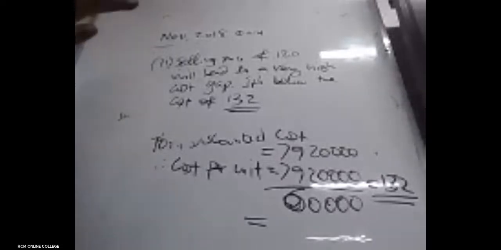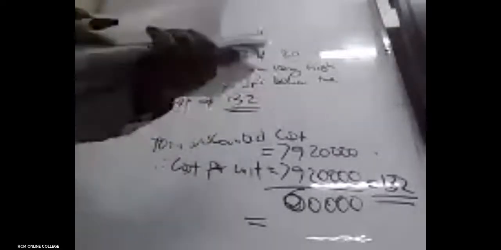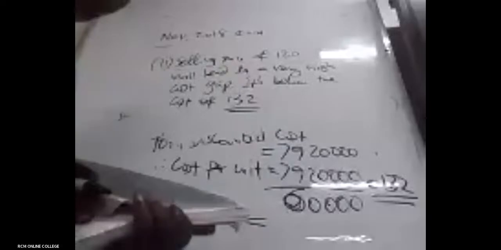So the selling price of 120 should be rejected. The person saying that we should sell the 120, tunamwambia pana, tumekataa hiyo. How do we get the 60,000? Remember, year 1 we are selling 20,000, year 2 20,000, year 3 20,000. That's how we're able to get 60,000 like that.